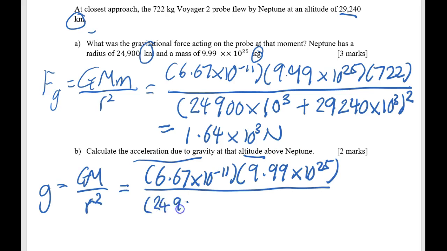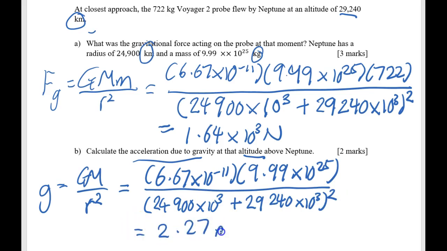Don't forget, this is the radius of Neptune. You have to add up with the altitude at that moment, 29,240 km, put in meter, the r term here, square it, and you shall obtain 2.27 m s^-2. So that's how you get this solution done.